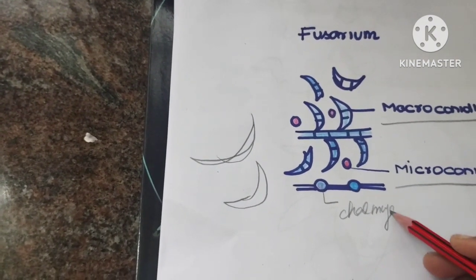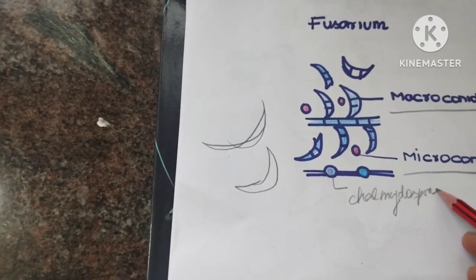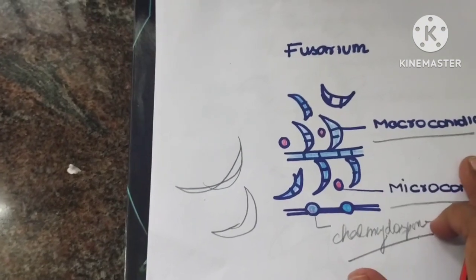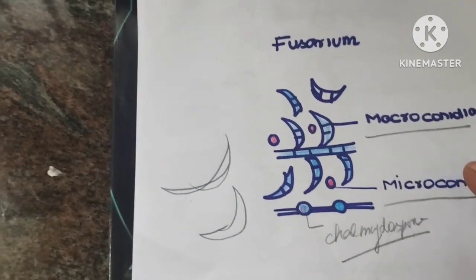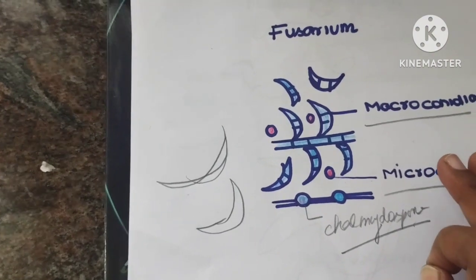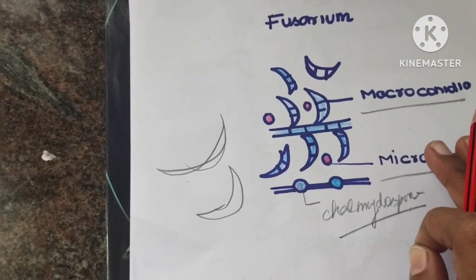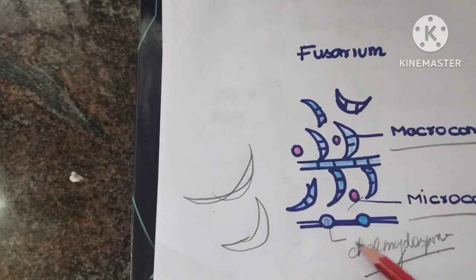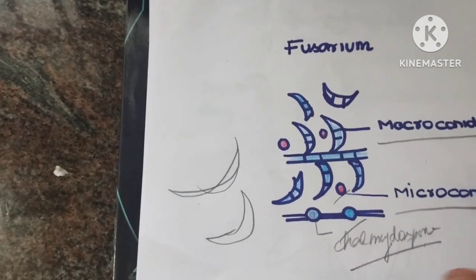These are the least differentiating features. The main thing is, if you come across sickle shaped macroconidia, you can label it as Fusarium, and the colonies will be somewhat white and pinkish in color, with microconidia and chlamydospores. That's all. Thank you.